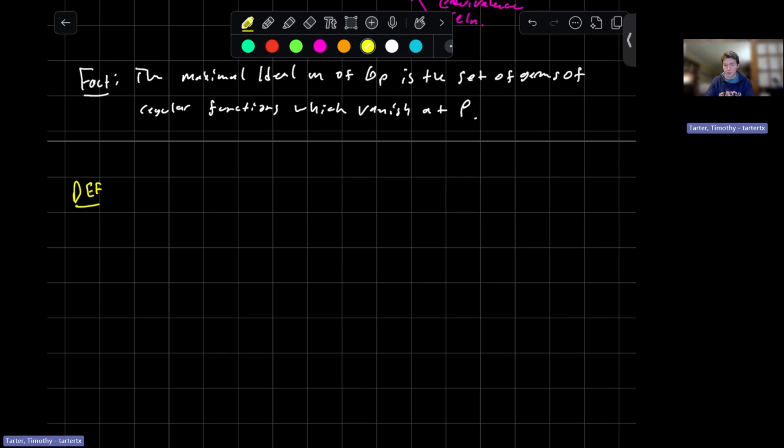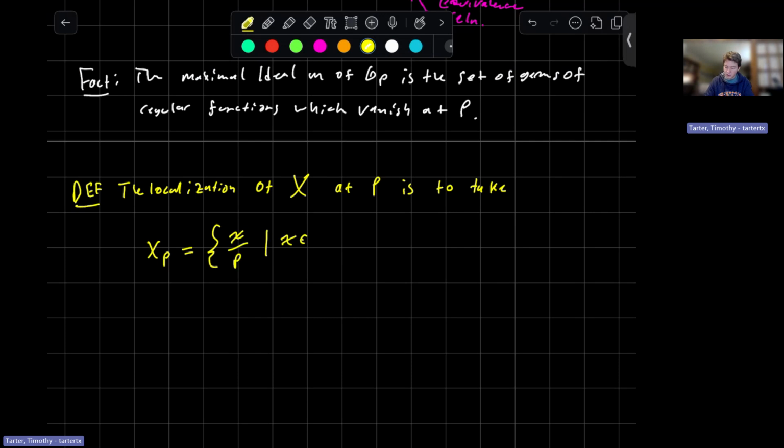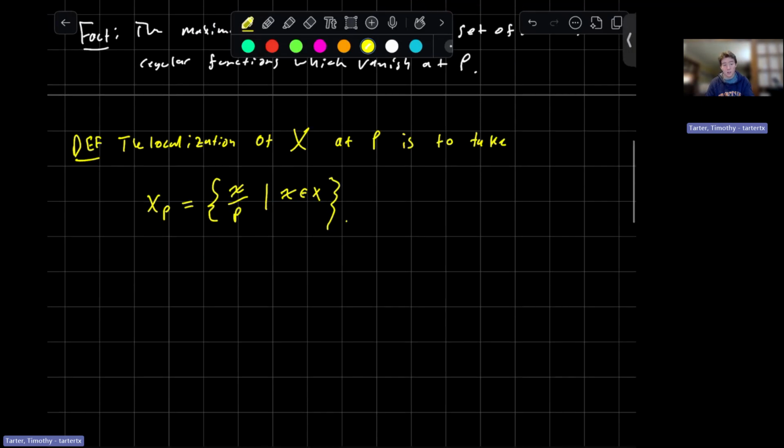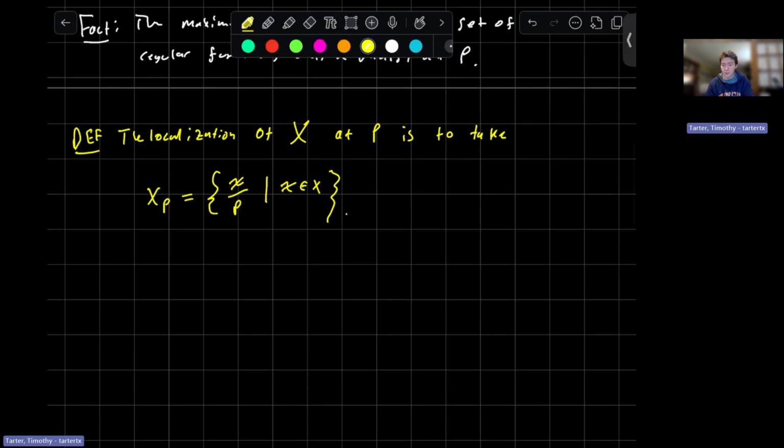So this is kind of a pseudo definition: the localization of something at P is to take X sub P equal to all the x in X over P such that x in X. In the sense of ideals, we don't literally divide because we can't divide those things, but we mod out by it, right?